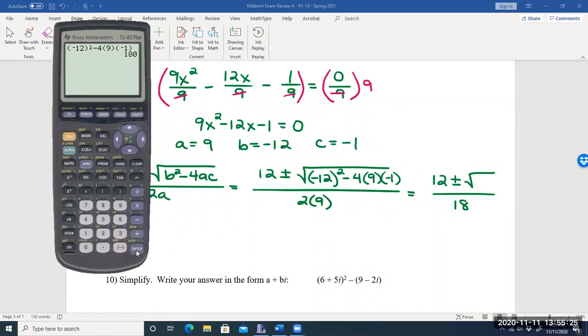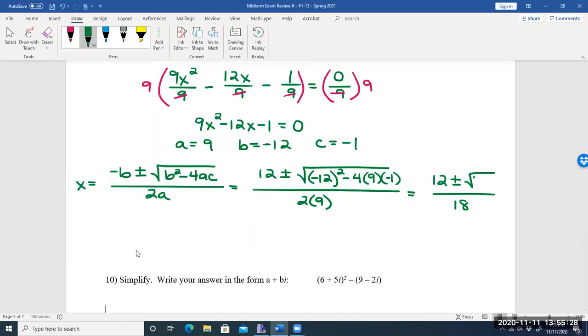So 180 is our answer, or is our radicand, I guess, or discriminant, if you want to call it that. So I squared negative 12 to get positive 144, and then it would be plus 36 because it's actually minus a negative 36, so we end up adding 36.